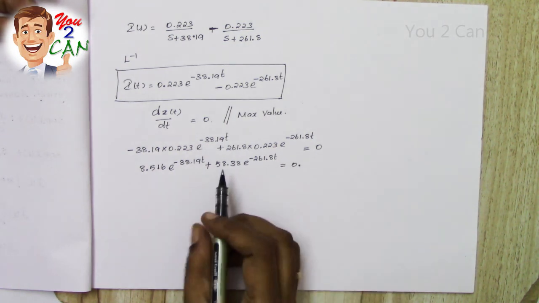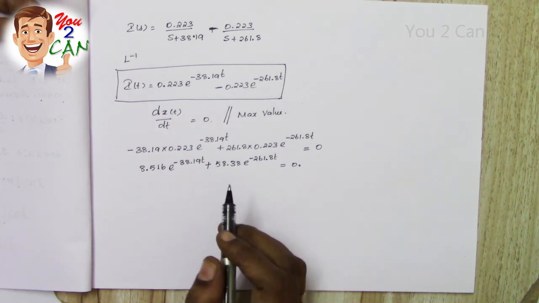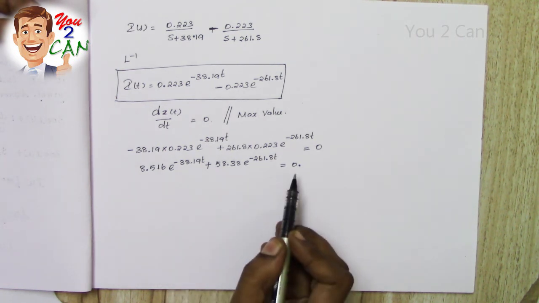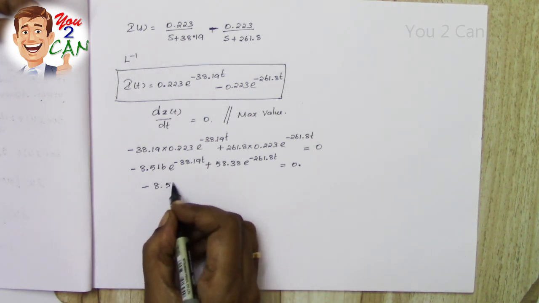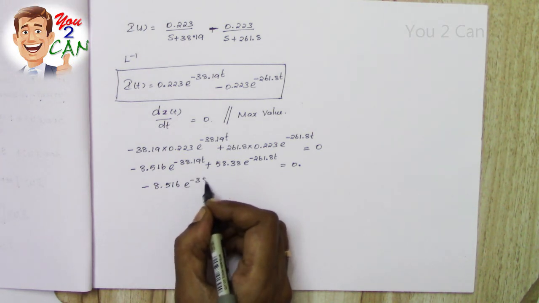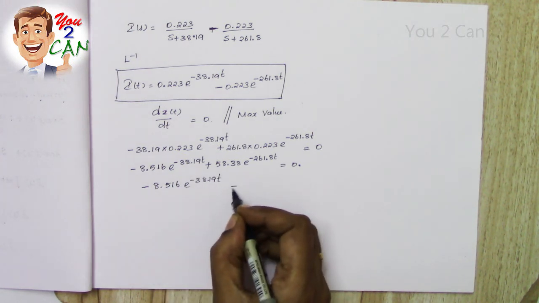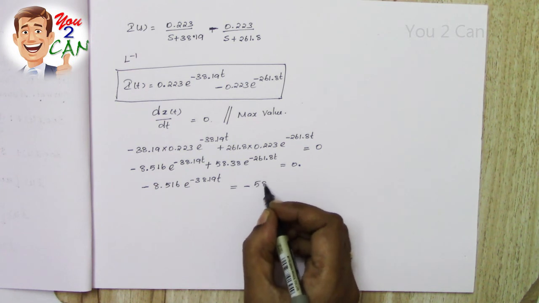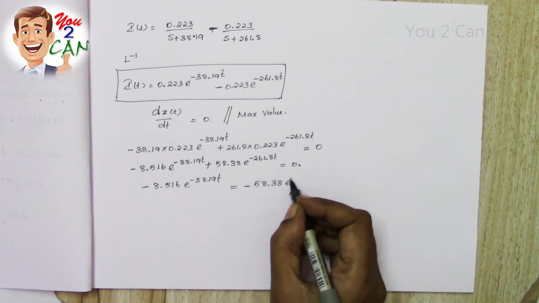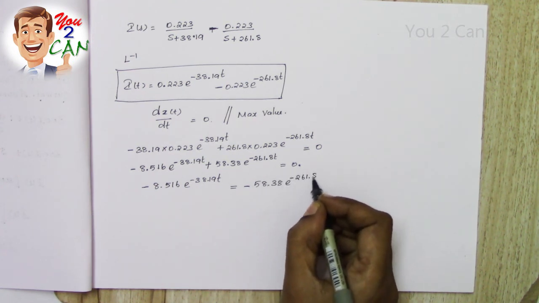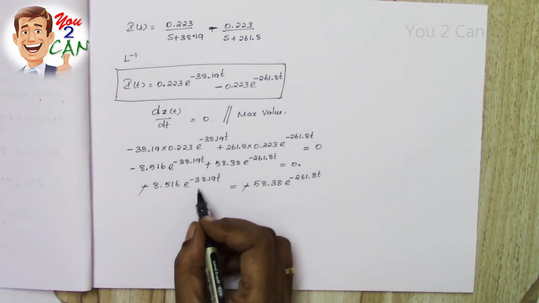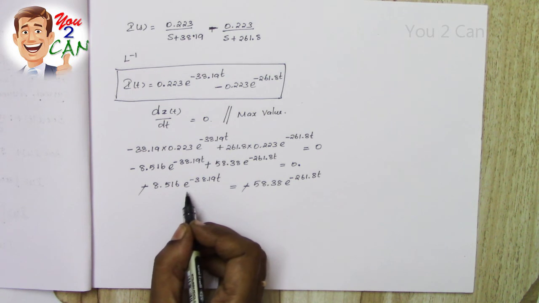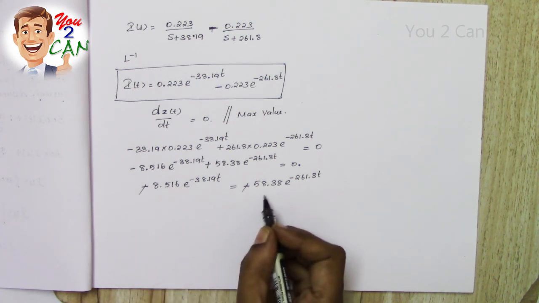So you can transfer this here. Now this is minus, so minus 8.516 e power minus 38.19t will be equal to minus 58.38 e power minus 261.8t. Now take this e power term here and take this number here.